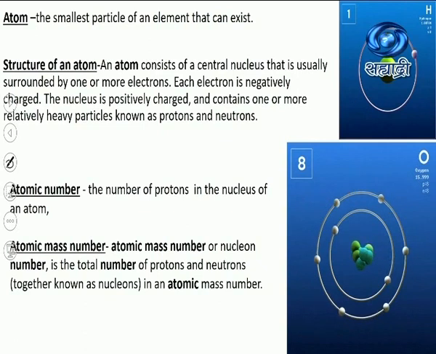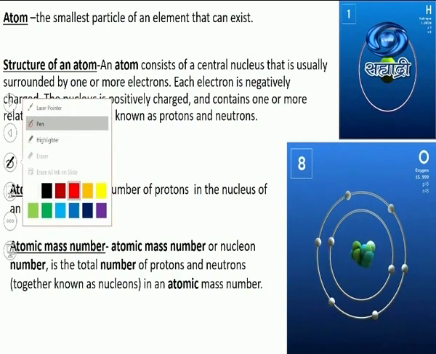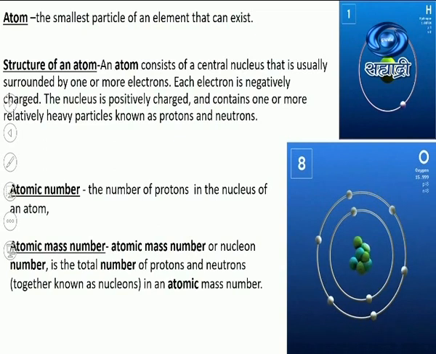Now what is atomic number? The number of protons in the nucleus of an atom. Now remember, as an atom is electrically neutral, the number of protons and the number of electrons are equal. So atomic number you can say is the number of protons or the number of electrons in an atom.